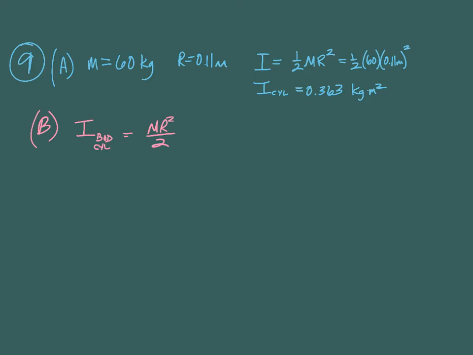And so with the arms outstretched, if the trunk of the body minus the arms is a different mass, then this is going to be 52.5 times that same radius squared over 2. And so the trunk of the body will have 0.318 kilogram meter squared. This is good. This is less than when I was just assuming everything all at once.